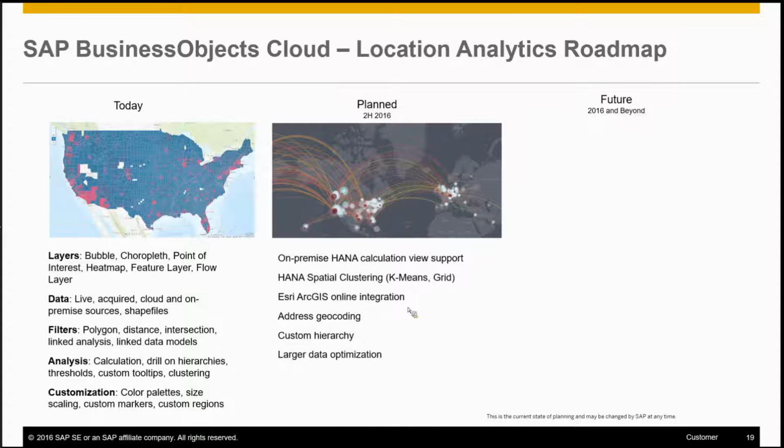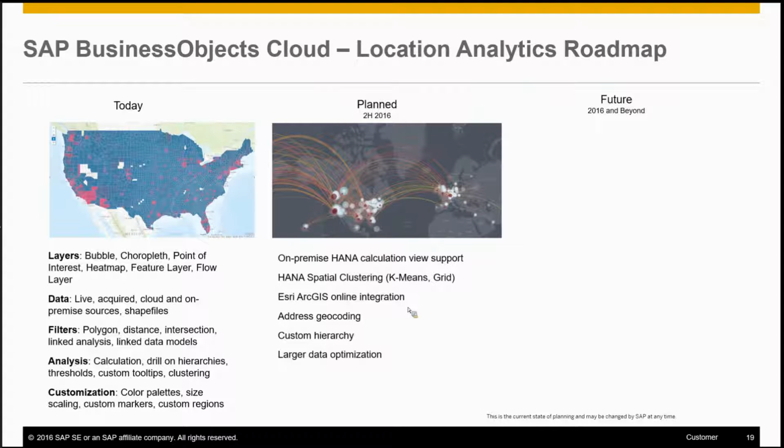Coming later this year, we will be including support for the latest graphical calc views on-premise. As part of that, we already support the analytical views, but graphical calc is where we're going with that. We're looking to, as I've mentioned already, support the HANA native spatial clustering. So that will give us more complex capabilities around the clustering of the data we have there.